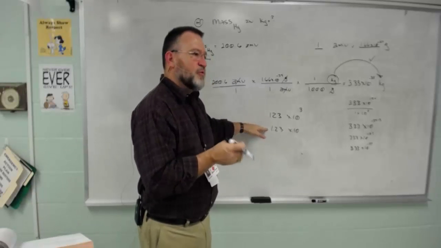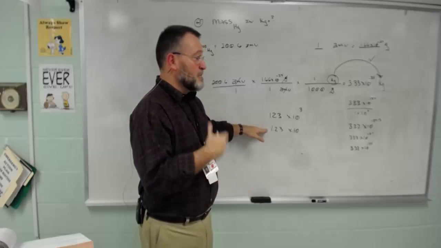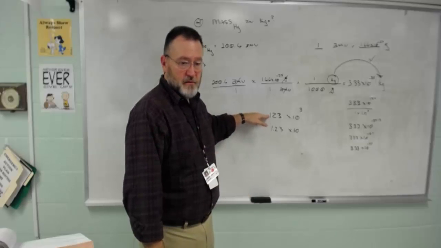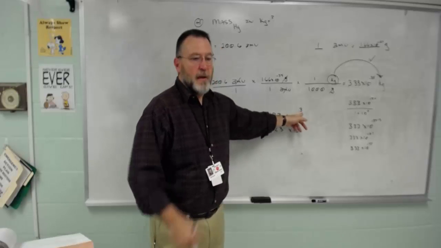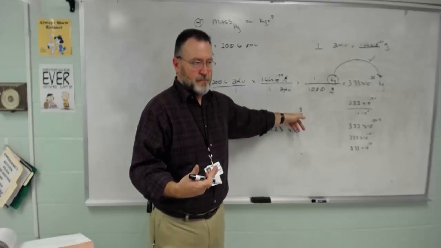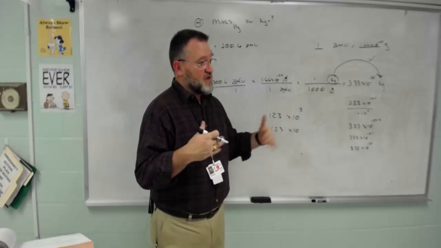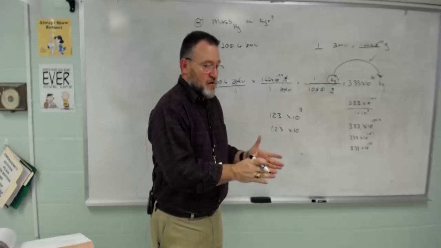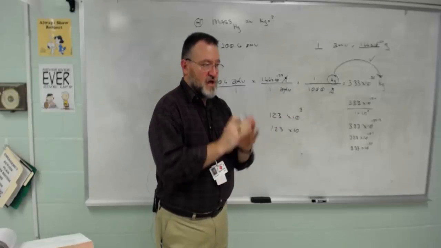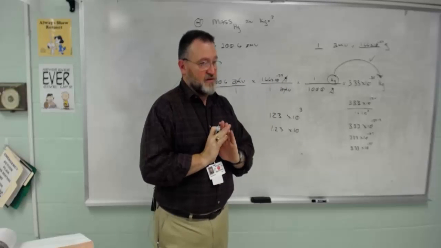Tell me, is 1.23 smaller or bigger than 123? It's smaller. So if I make this smaller, I need to make this bigger. See? For it to be the same value, if I make my coefficient smaller, I have to make my exponent larger.